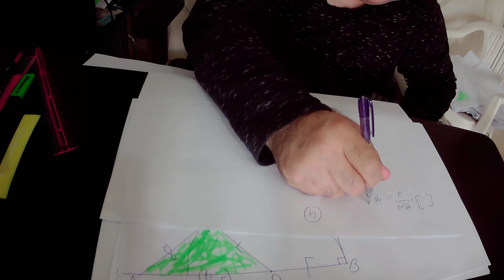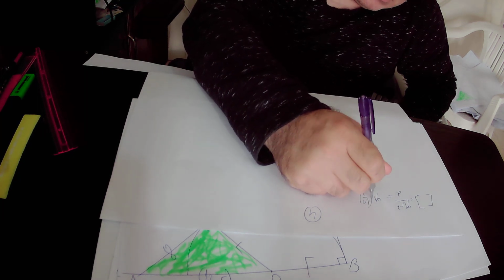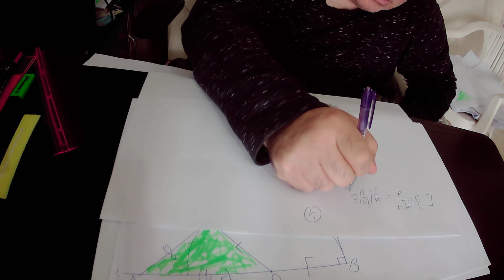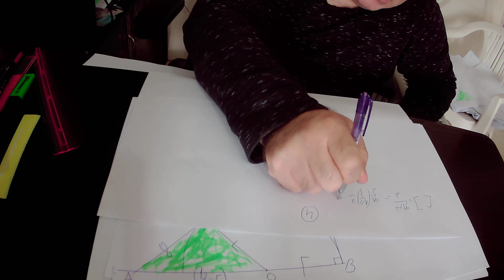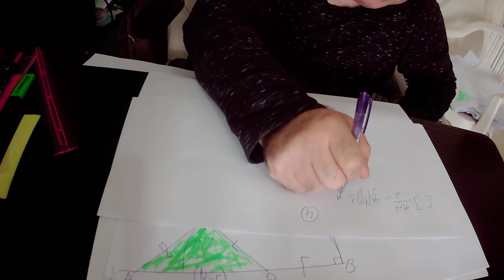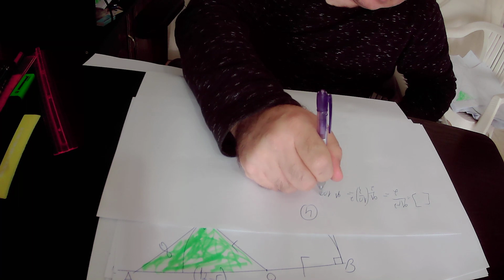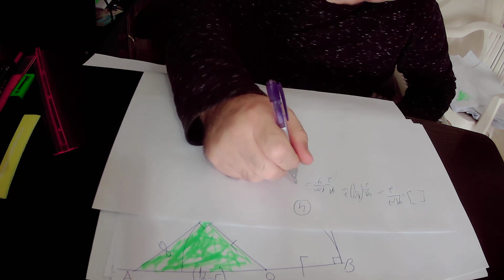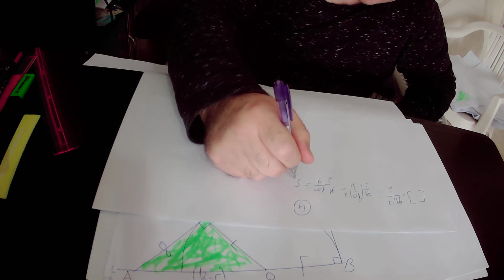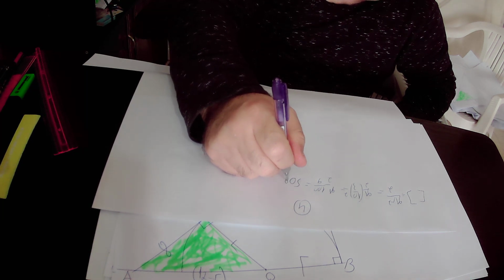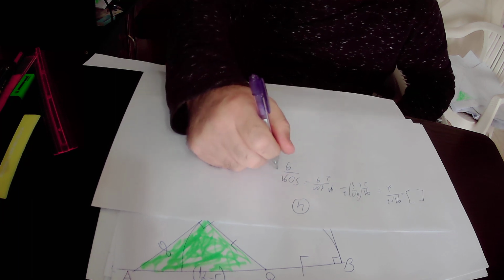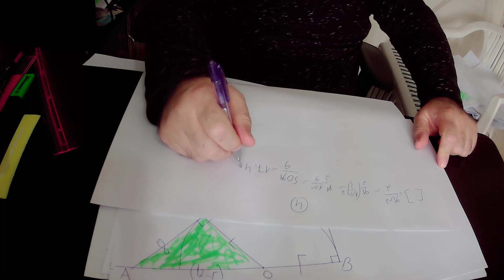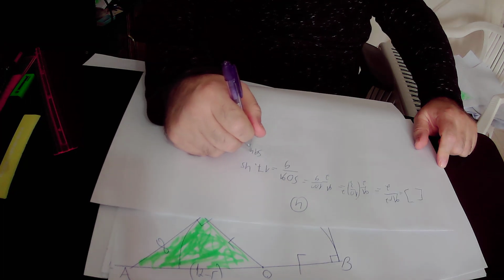R square is 10 over 3 square, over 2. So it is pi, 10 over 3 square is 100 over 9, divided by 2. 100 over 2 is 50, so in conclusion we found out that the area of the semicircle equals either 50 pi over 9 square units, or in terms of numbers it equals 17.45 square units.